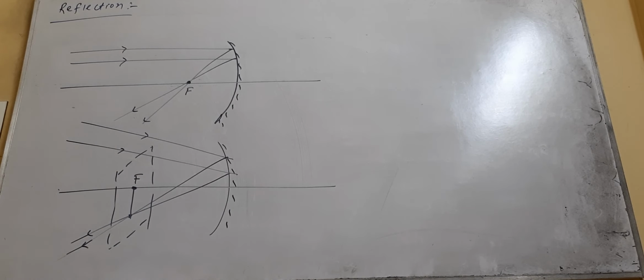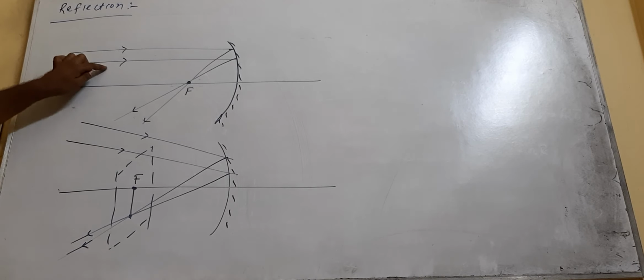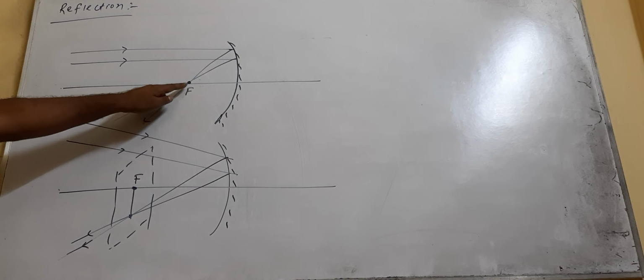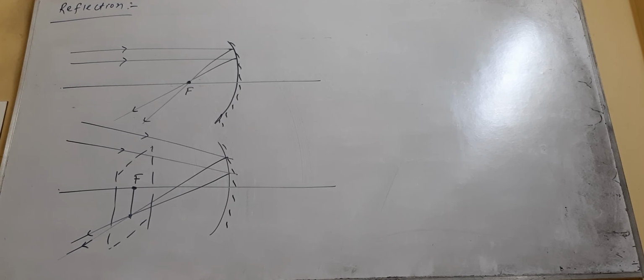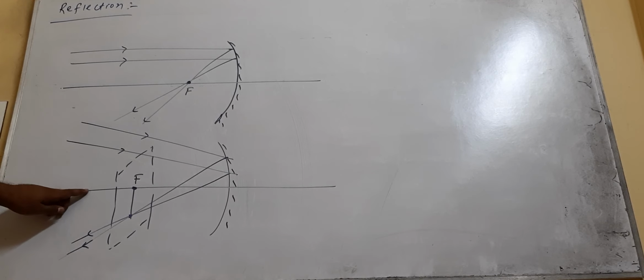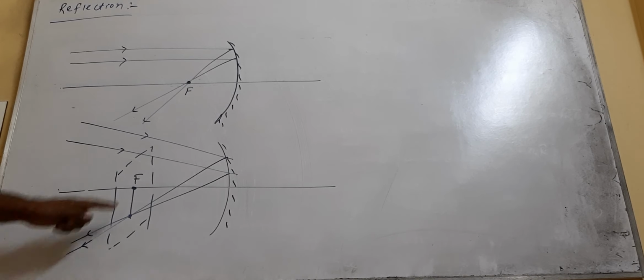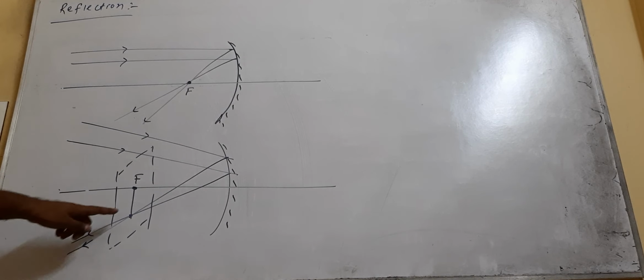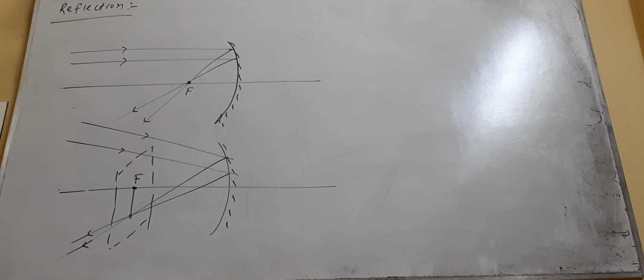Is it understood or not? If two rays are parallel to each other and also parallel to the principal axis, after reflection they meet each other at the principal focus. But here the two rays are parallel to each other but not parallel to the principal axis, so after reflection they meet each other not at the principal focus but at a point on the focal plane.